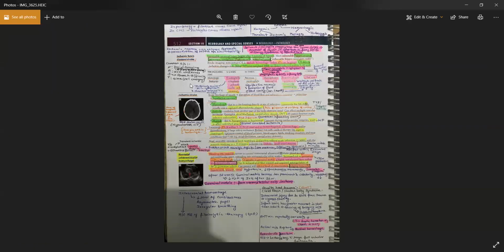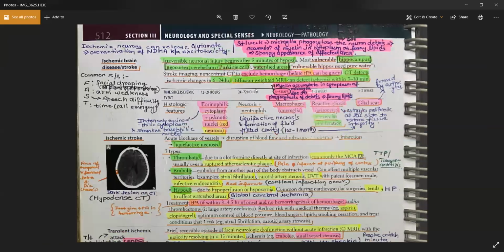Okay, now you have the stroke. So you have the brain, which is supplied by the blood vessels, and all this blood is very necessary for the brain to function. Wherever the loss of blood supply of any part or the complete brain occurs, what you will get is the ischemia of the brain.